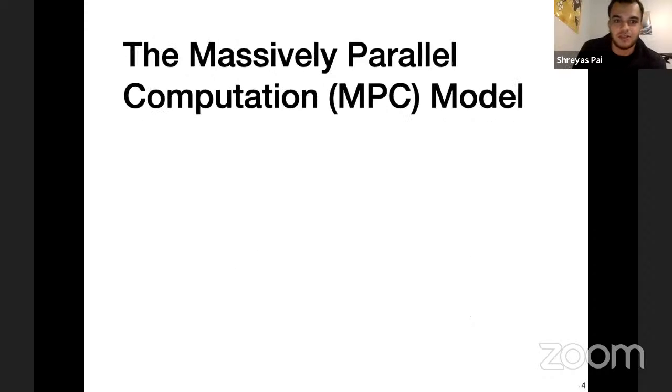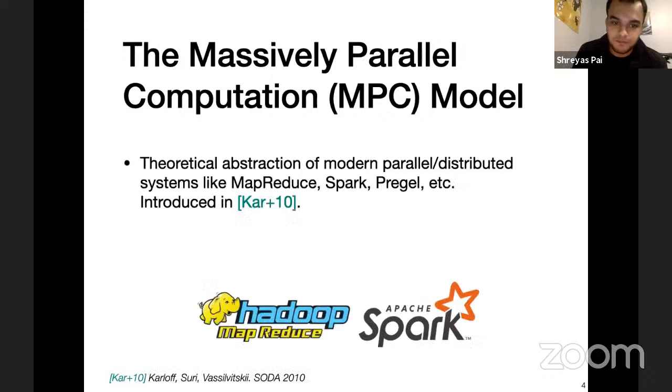With these definitions out of the way, let me define the massively parallel computation model, which is the model that we look at. This is a theoretical abstraction of modern distributed systems like MapReduce and Spark, and it was introduced by Karloff et al. in SODA 2010.